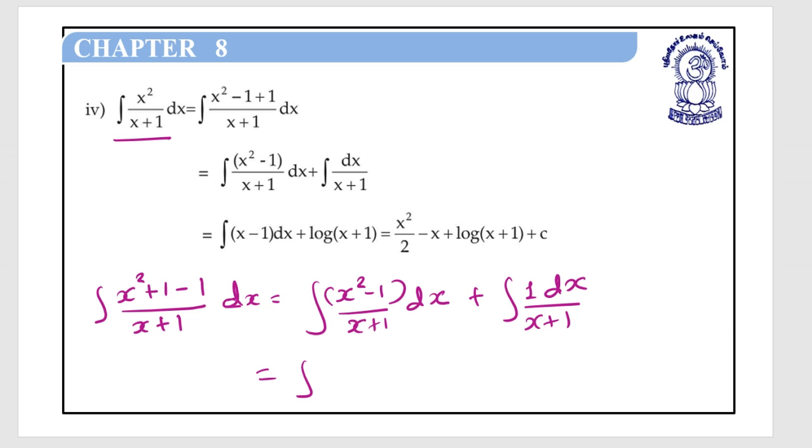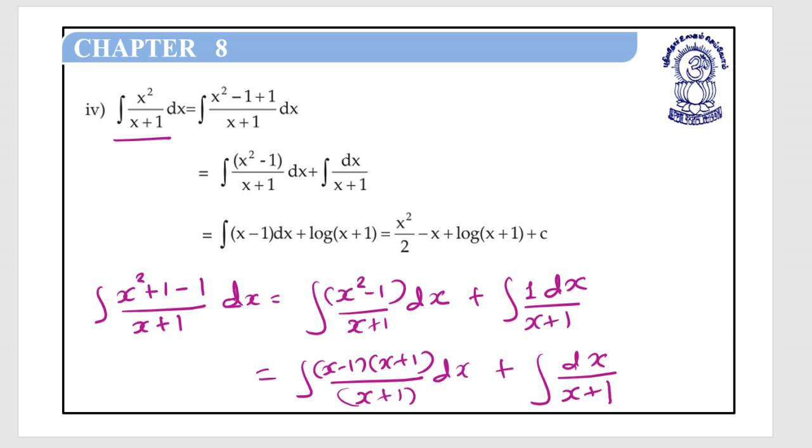Here instead of x square minus 1, you can write x minus 1 into x plus 1 upon x plus 1 dx plus dx upon x plus 1. X plus 1 cancels, x minus 1 dx plus, here 1 upon x plus 1 is log x plus 1. So integration of x is x square by 2, integration of 1 is minus x, and plus log x plus 1 as it is, plus c.